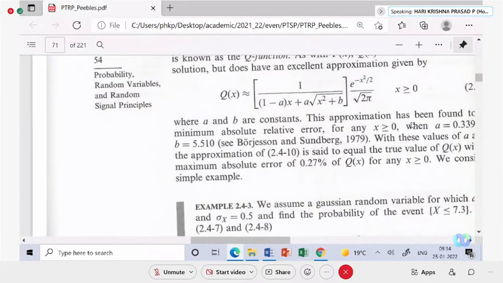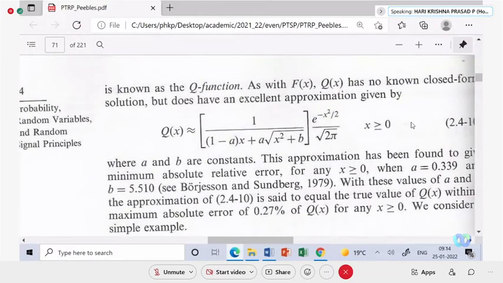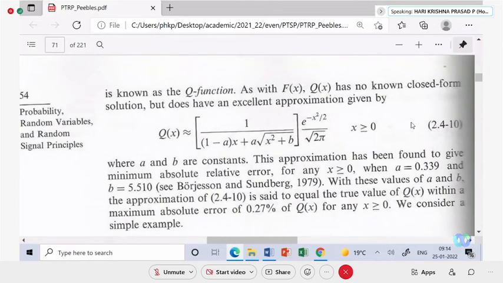The next thing is approximation for q of x. This approximation is valid only when A is given by 0.339 and B is given by 5.510.